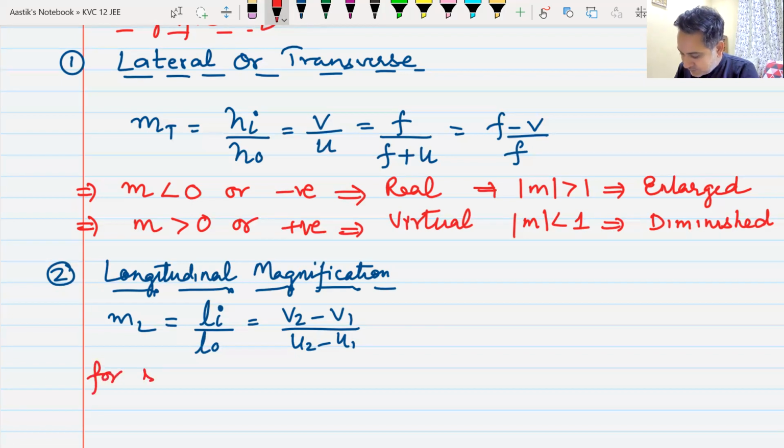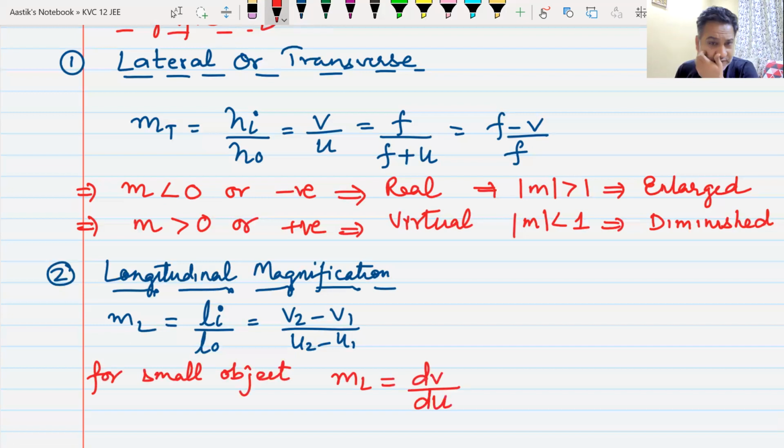Then we had written it for small objects, and this is the point that comes in exams. For small objects, I can write this ML as dv by du, a small change in v for a small change in u.